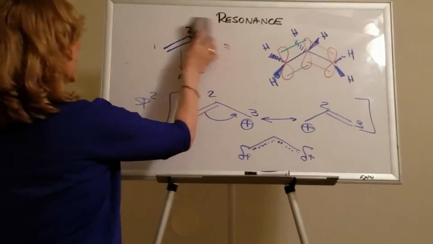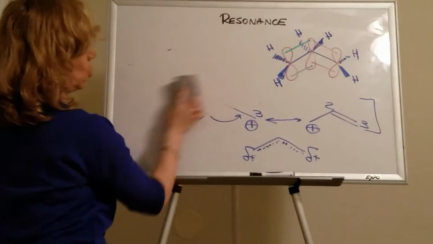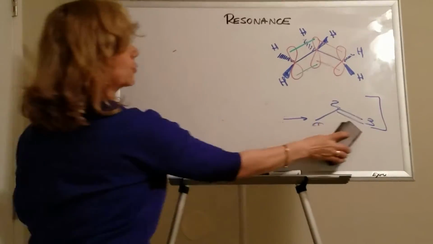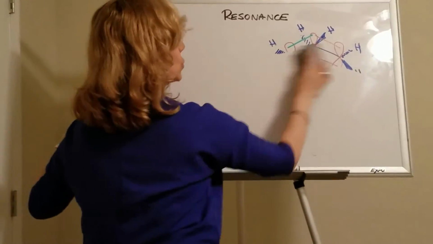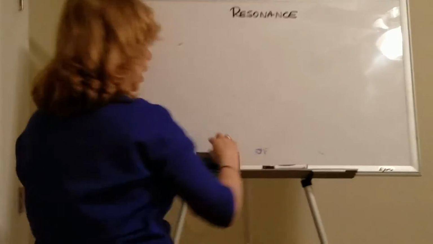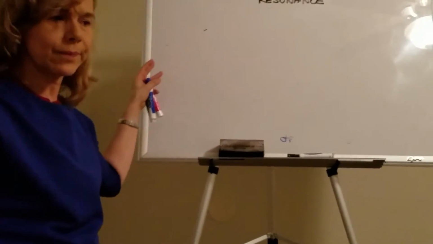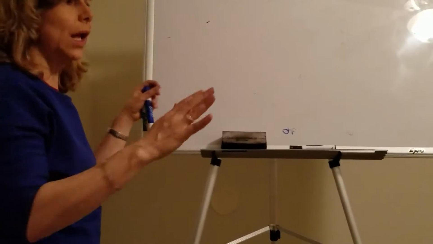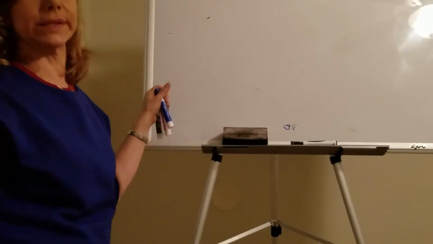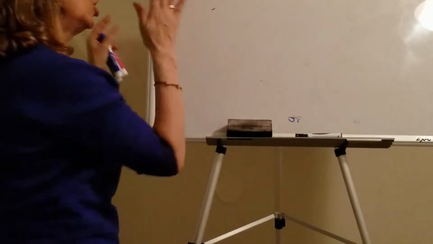Let's do another example of how do we know when we can move electrons and delocalize. Also, delocalization means that this charge is spread, and because of that, those structures are more stable than if the electrons are localized.